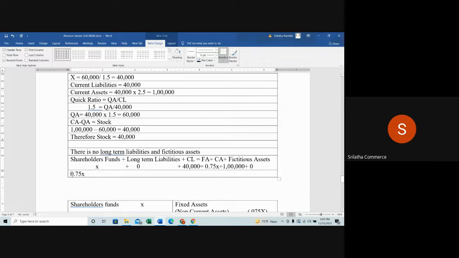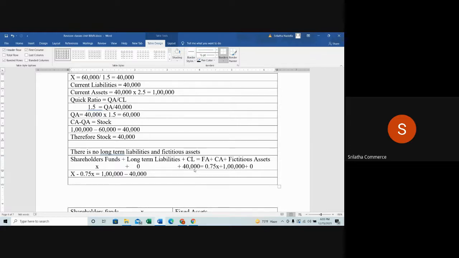When 0.75x comes this side, it is minus. 0.75x is equal to 1 lakh minus 40,000, which comes to 60,000.